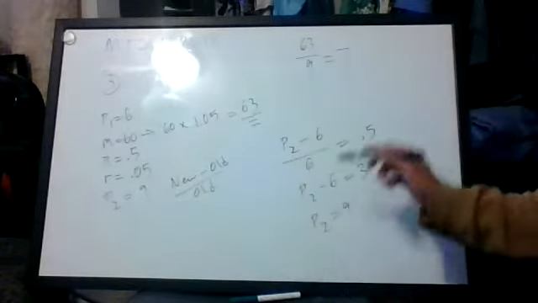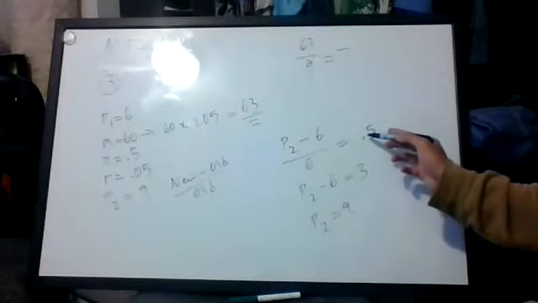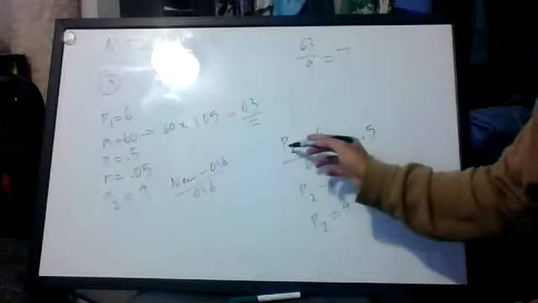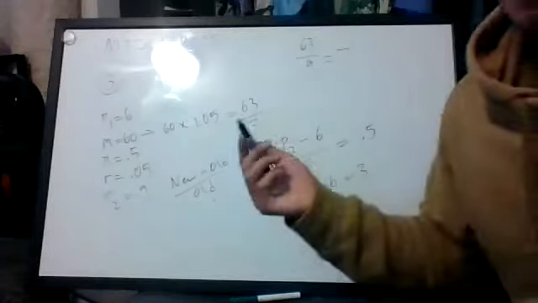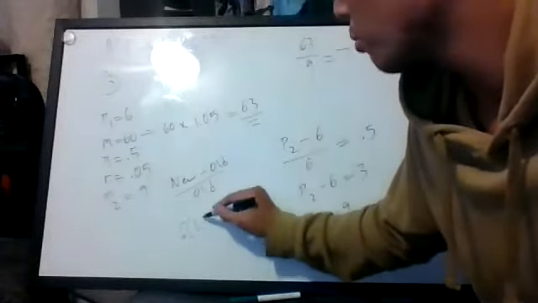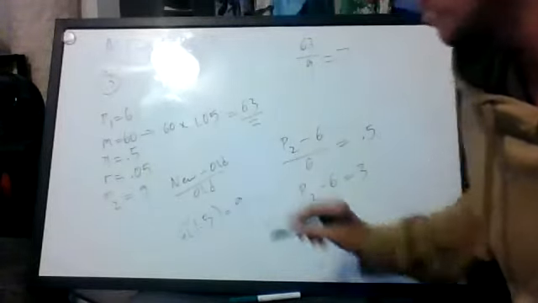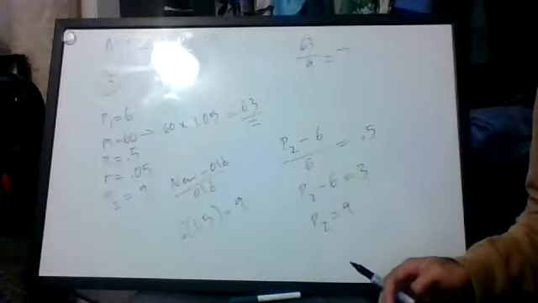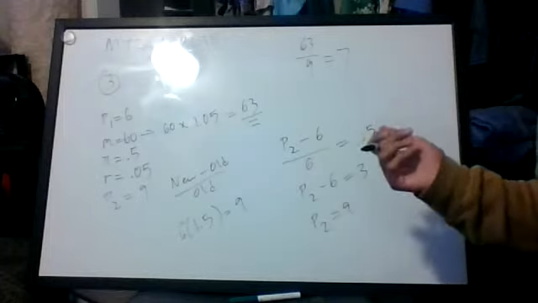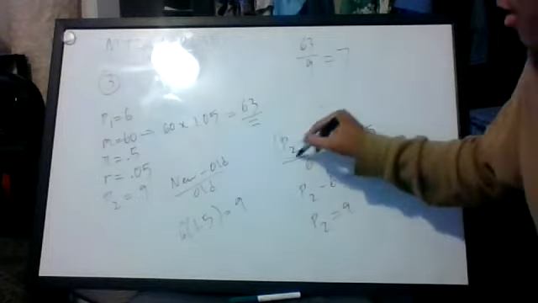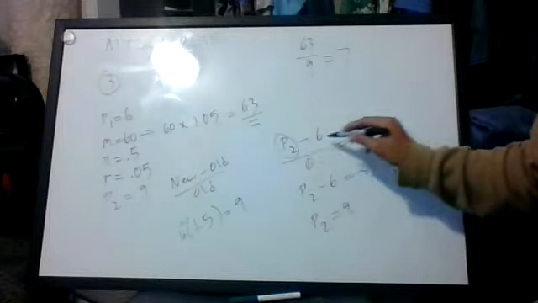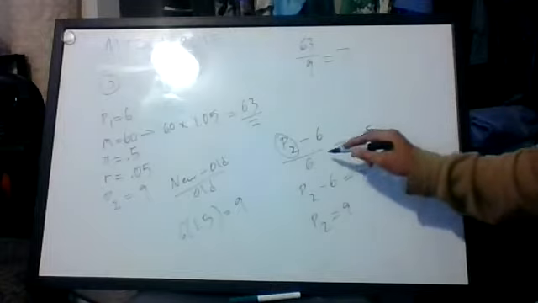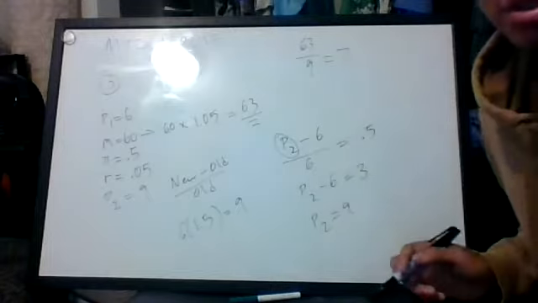So in order to find this 50%, you would set up this equation. Another way of doing it is just 6 times 1.5 equals 9. Both methods work. It's just whatever you prefer. But this is basically just to find what the new price is given that 6 increases by 50%.